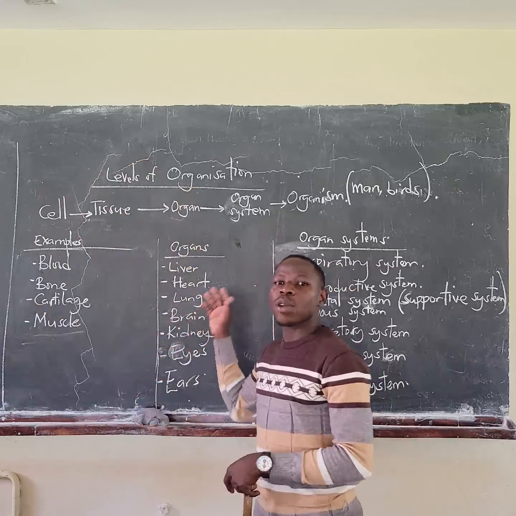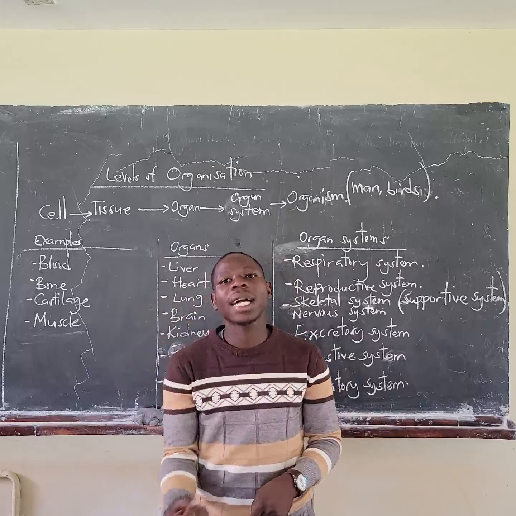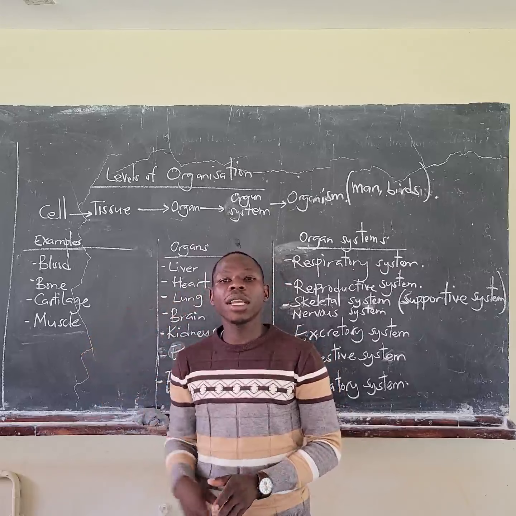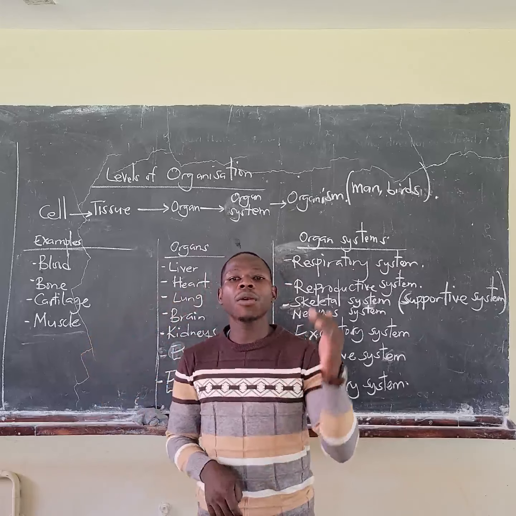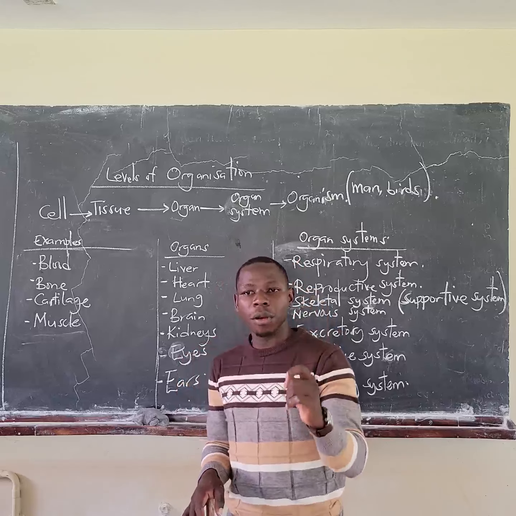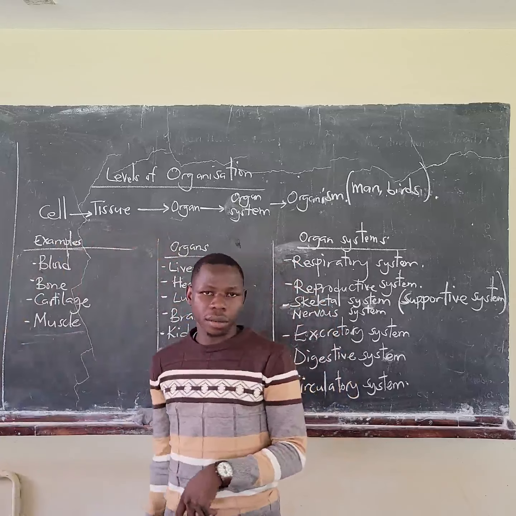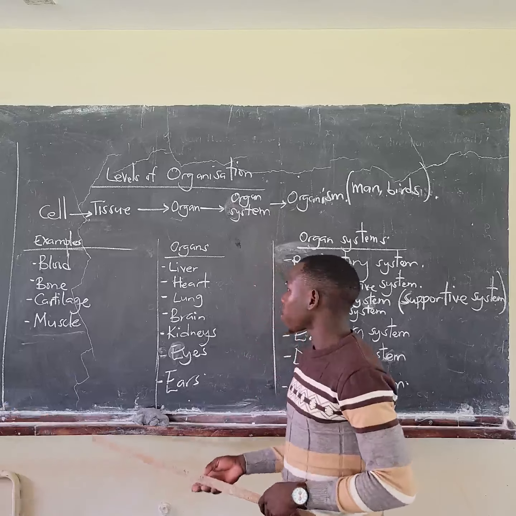For this case, we are looking at organisms that are multicellular, that have cells that join up to form an organism, which is an organism that is made up of more than one cell. That is multicellular organisms. And here we go.